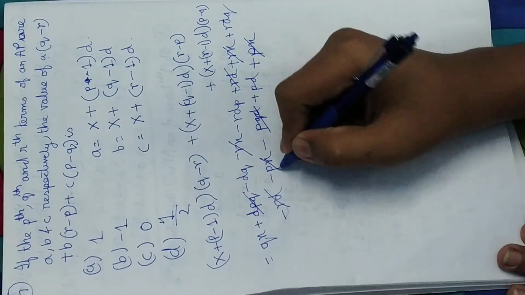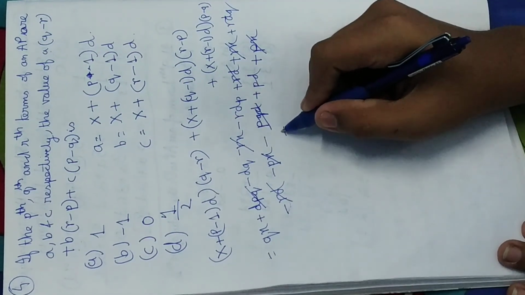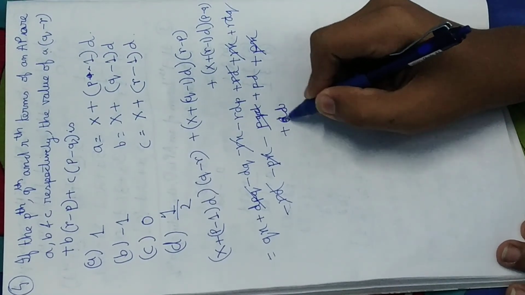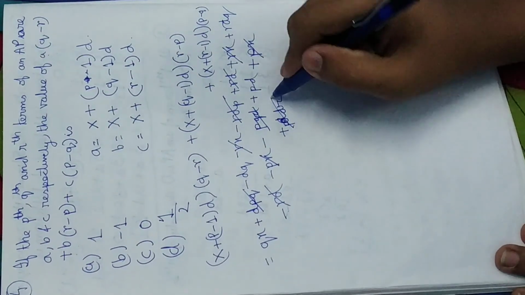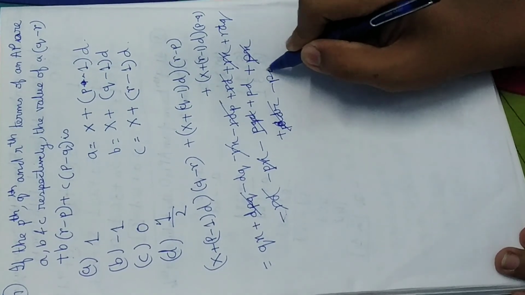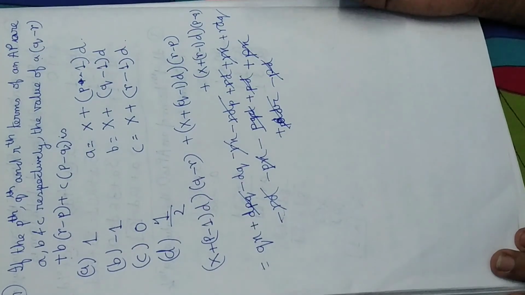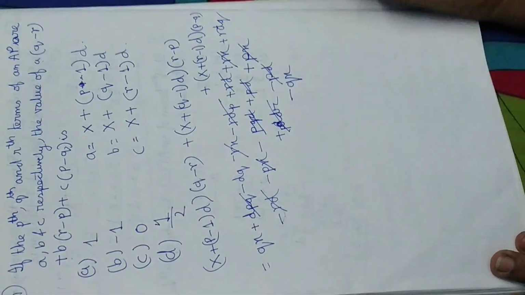It cancels this. Then it's plus pdr. It is pdr plus pdr minus pdr. Then it's minus pd. Minus pd cancels. Then it's minus qx.